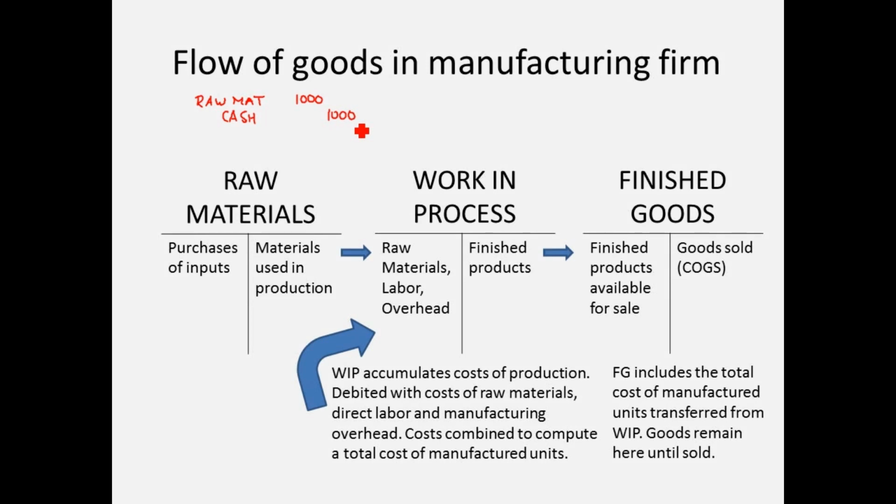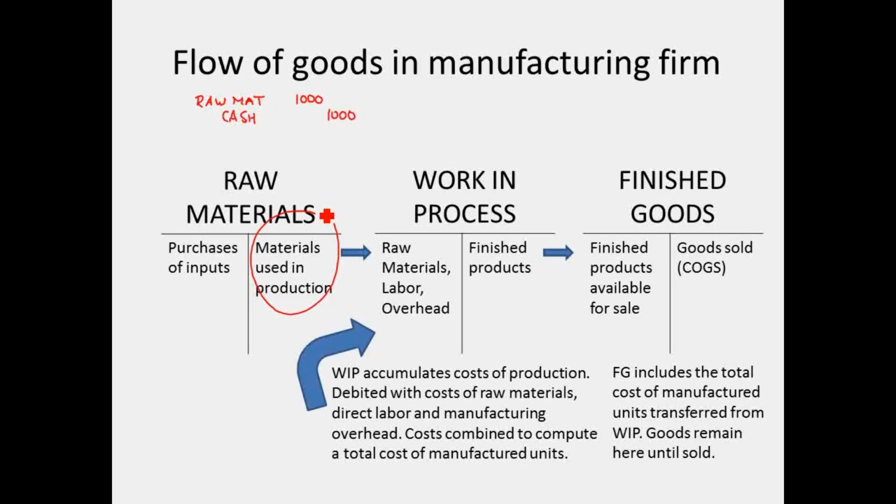Now, unlike normal inventory, we don't just sell the raw materials to somebody else. We're going to first work on them, and then we're going to sell them. So at some point in my factory, somebody calls up the raw materials warehouse and says, we're ready to start working on it. Send the stuff over.